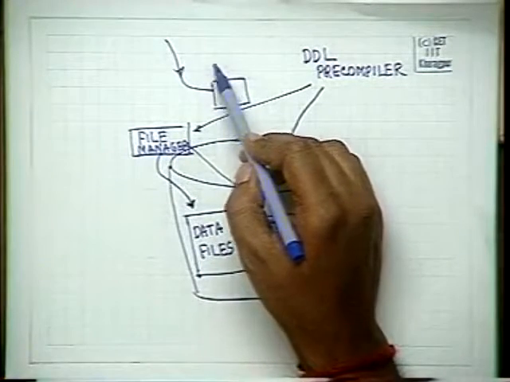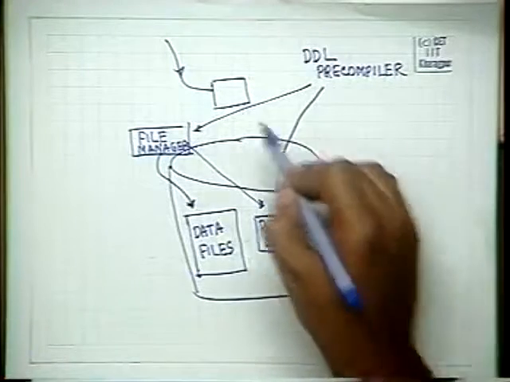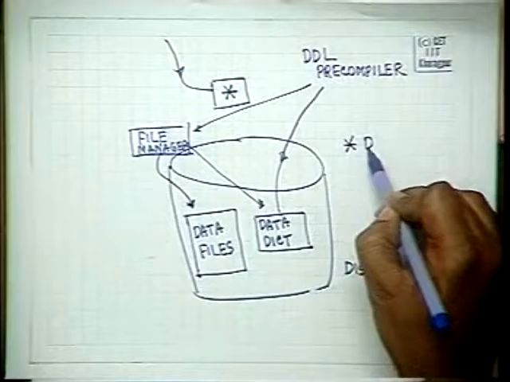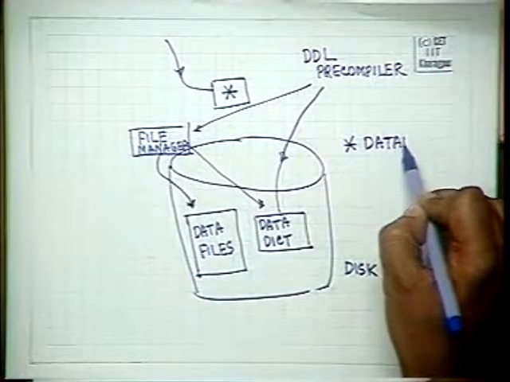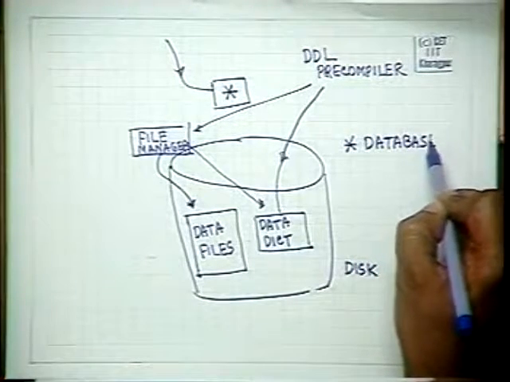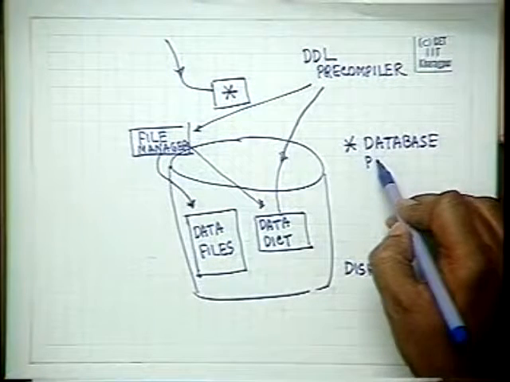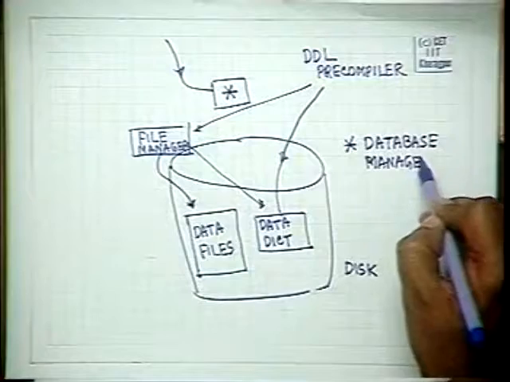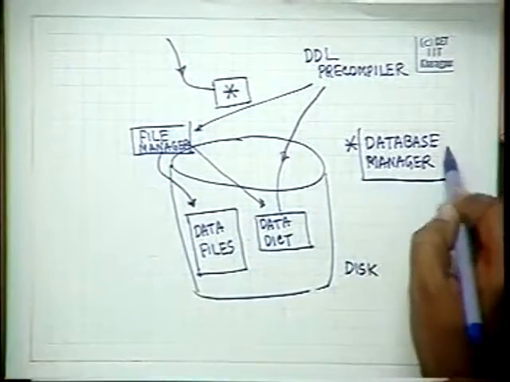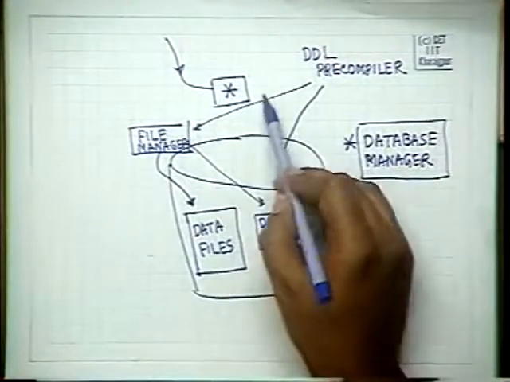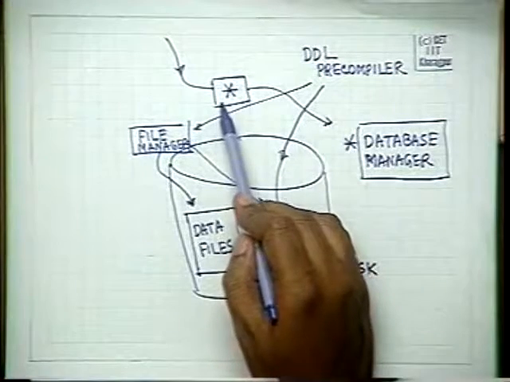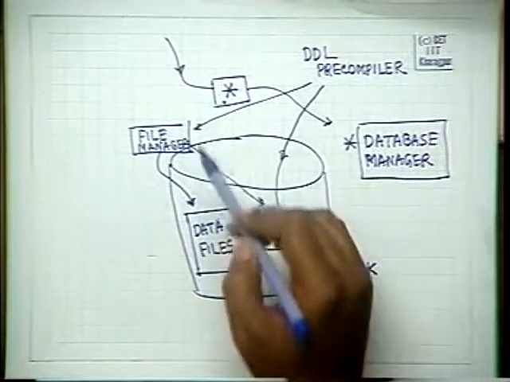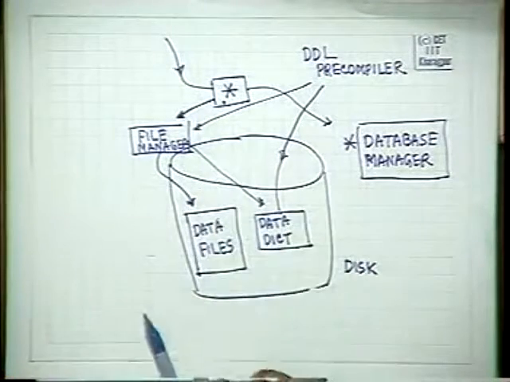And as we have seen before, in a database management system we have a very important entity which is called the database manager. This program or a set of programs controls the interaction of all the queries. It controls all the processing related to the data files through the file manager.